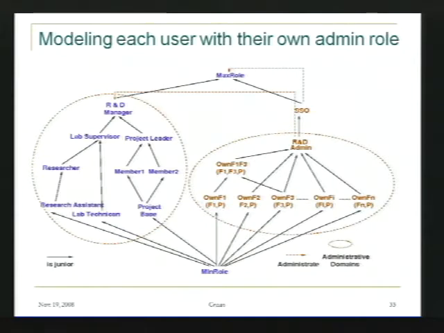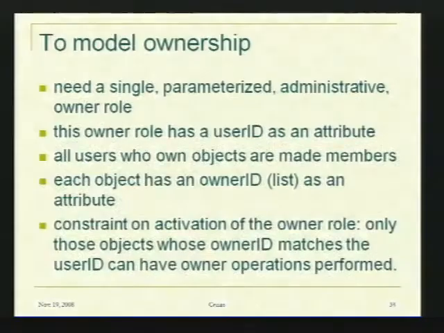And so again, because the privileges relate to specific objects, this implies that we need an owner role in the administrative part of the graph for every user. So that's clearly not a good solution.